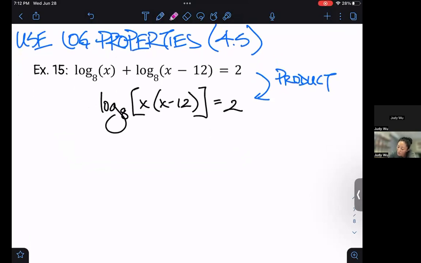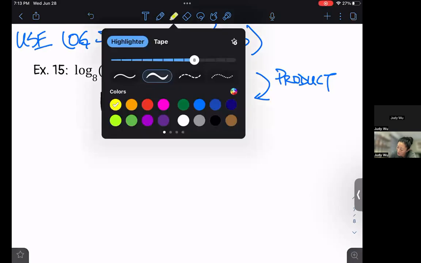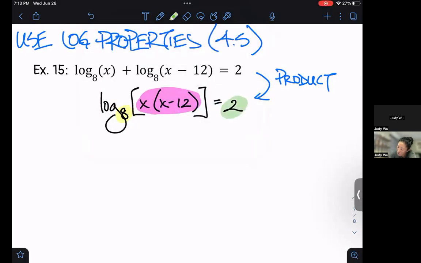And what do we have now? Well, we have our unknowns. We have a base of 8, and we have 2, which is going to be the power that we raise the base to, right? So what we've done here is we've actually isolated the log, but instead of using regular algebra, we used our log properties, okay?